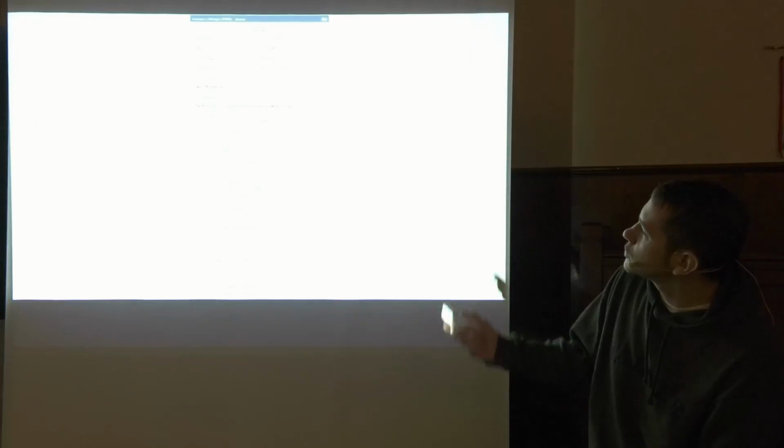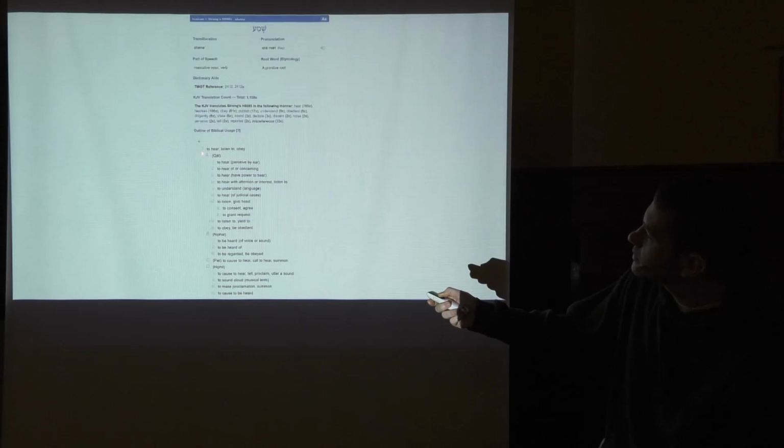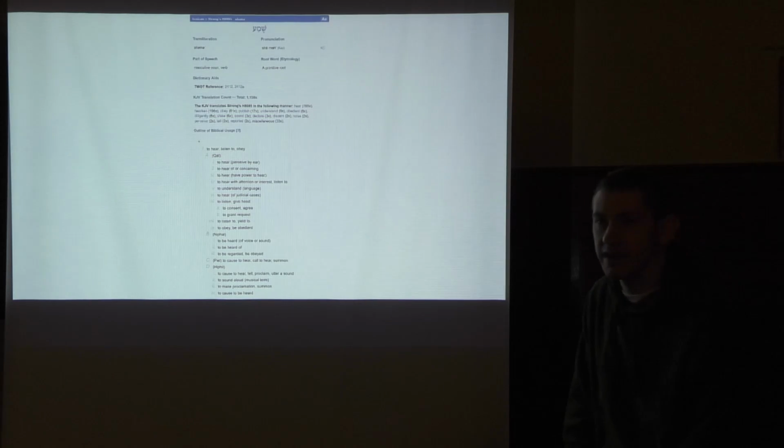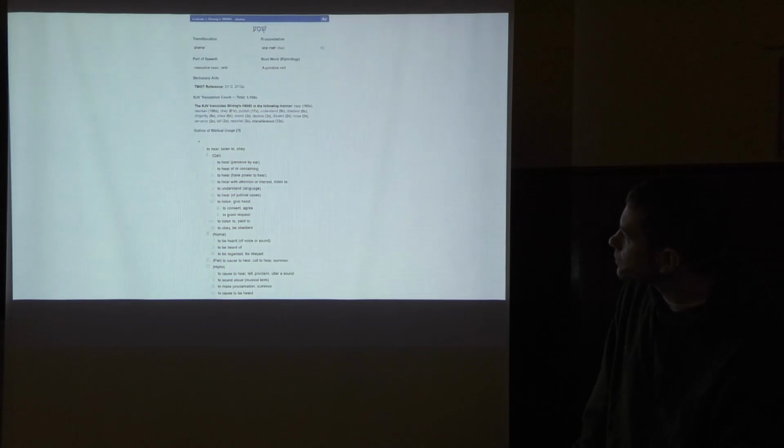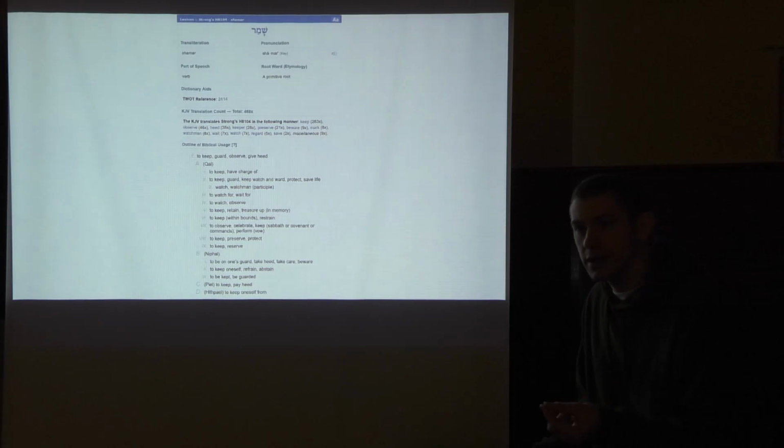So this is what Shema means. This is the Strong's definition, so if it's a bit small, okay, to hear, listen to, obey. It depends on the context that it's used in. The word Shamar, it says in Strong's, means to keep, guard, observe, or give heed. Okay.